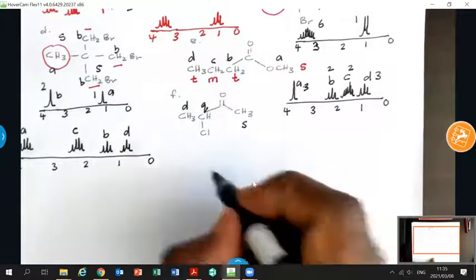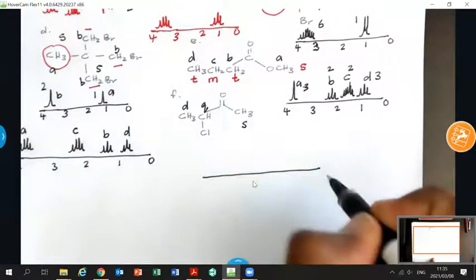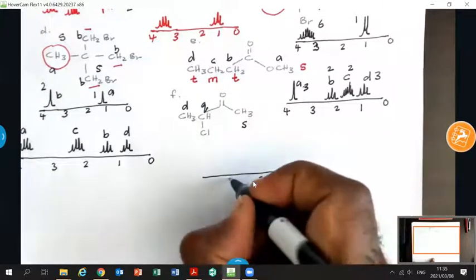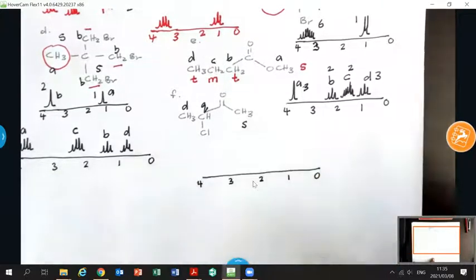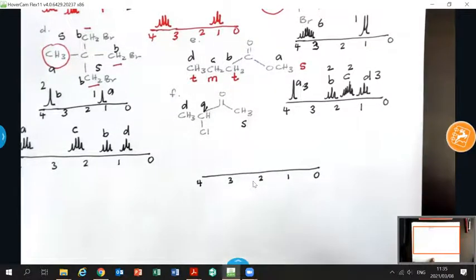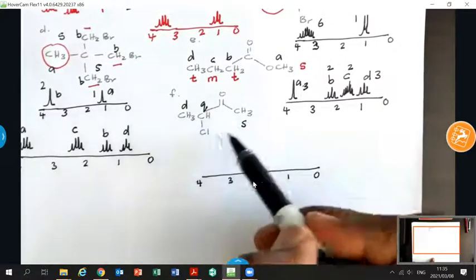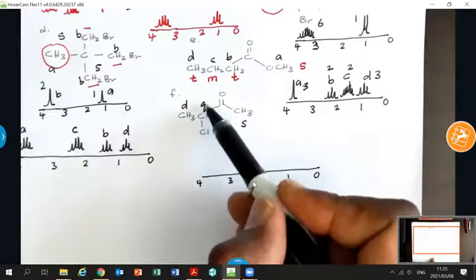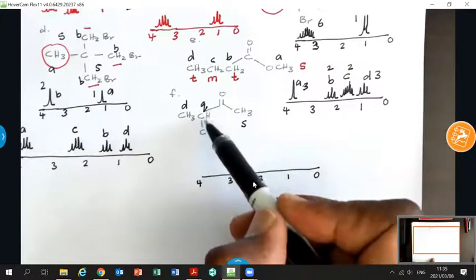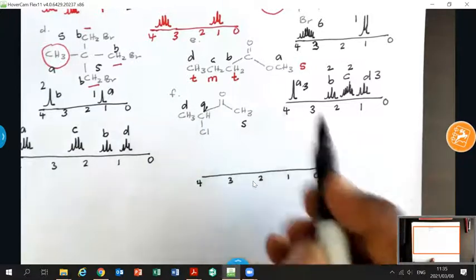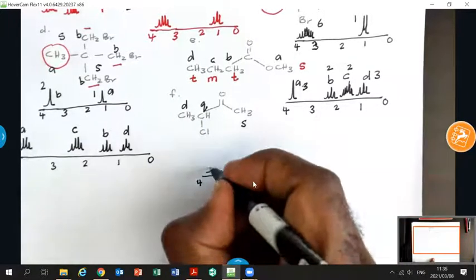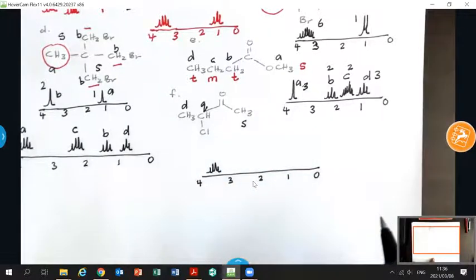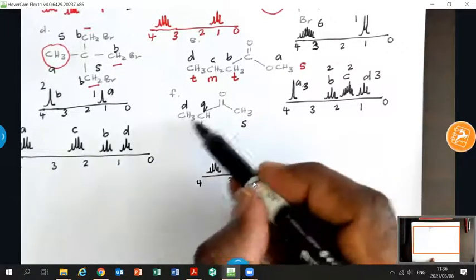All right, so if I sketch the spectrum for here, I'm looking at the most de-shielded peak first, and that's this proton that's bonded to the chlorine, and that's a quartet. So the proton bonded to a chlorine, the quartet is around 3 to 4. I have a doublet.